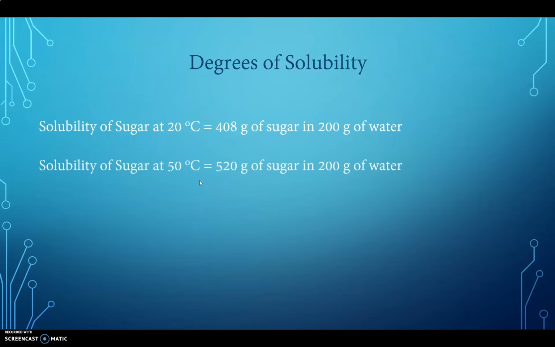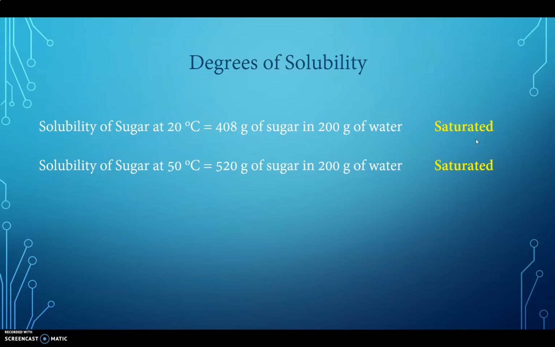If we increase the temperature to 50 degrees Celsius, the solubility rises to 520 grams of sugar in that same 200 grams of water. Now, each of these solutions represents the maximum amount of solute that you can put in a particular amount of solvent at a given temperature. Both of those solutions are described as saturated solutions.